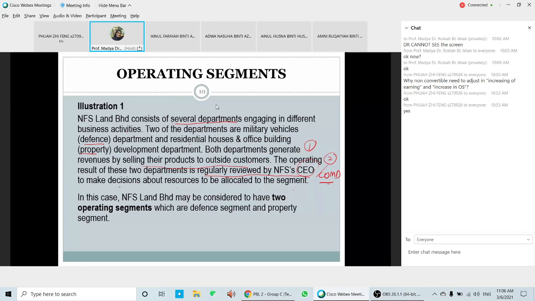So in this case, SF Land may be considered to have two operating segments, the defense segment and the property segment. Why? Because they generate revenue, and their activities are monitored by the CODM, in this case the CEO.